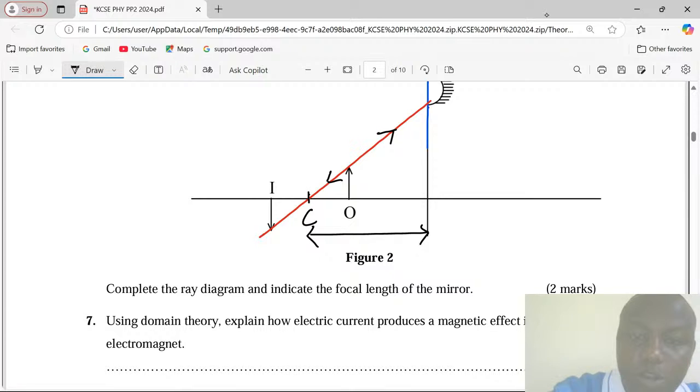Therefore, at the mid of the radius of curvature, we will have another distance that we are calling F. Therefore, F can also be identified in such a manner.